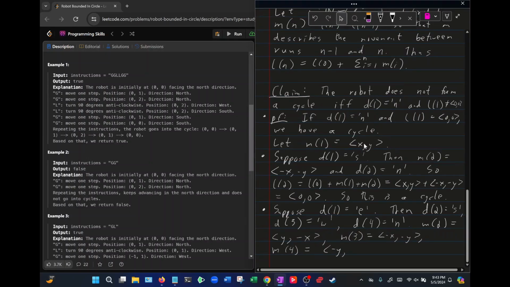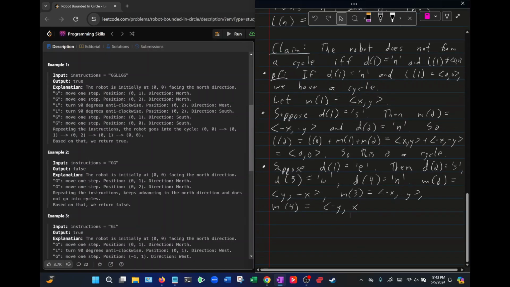I probably should have used different letters than x and y here, since I'm using x and y to refer to the axes. But oh well. And then in the y direction, yeah, there we go. So along the second axis, we move x. Okay.